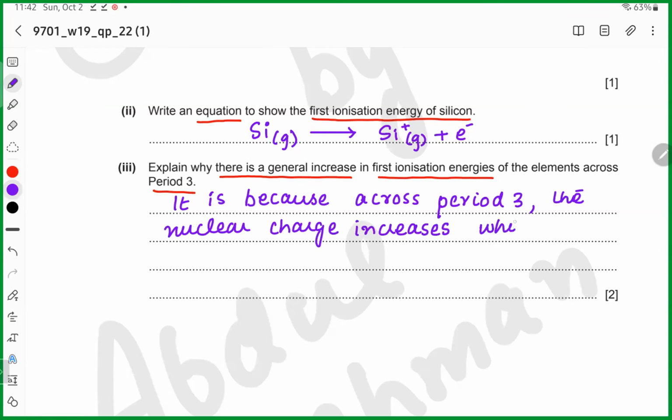while it's the third period, so all the elements have the third shell as their valence shell. So there is no change in shell, which means the shielding effect remains the same. Shielding effect increases with the increase in the shell. So the shell is the same, which means the shielding effect remains the same.